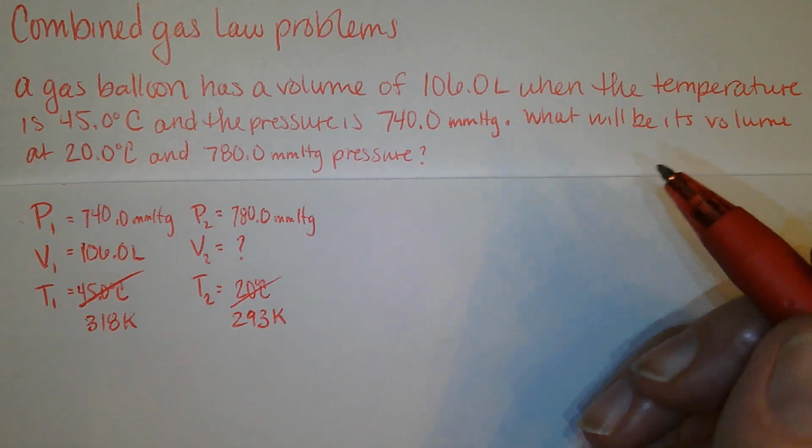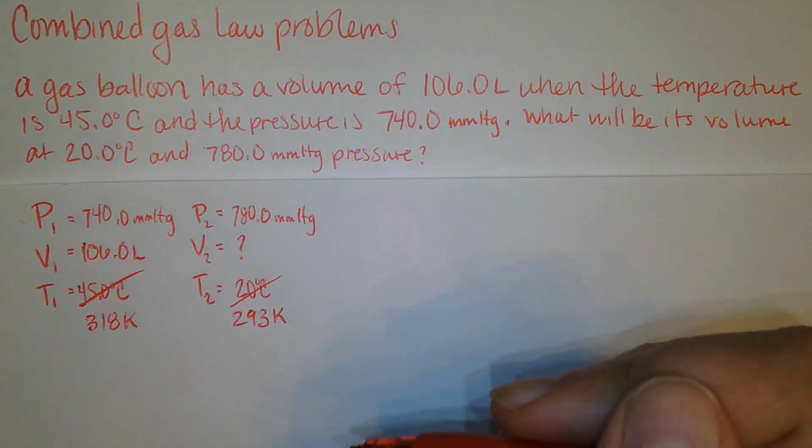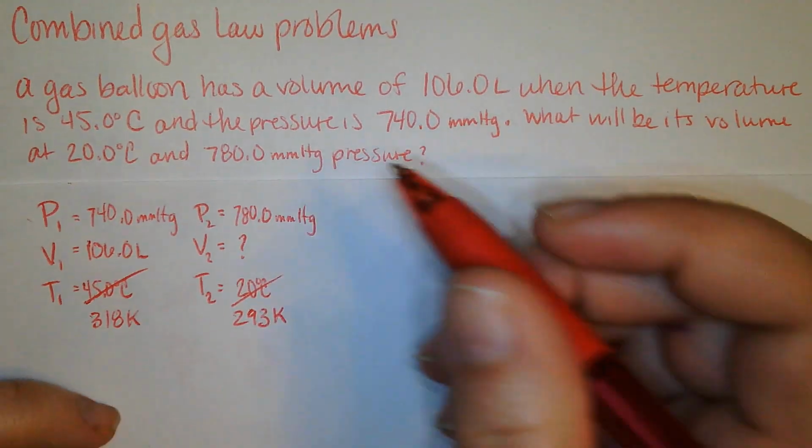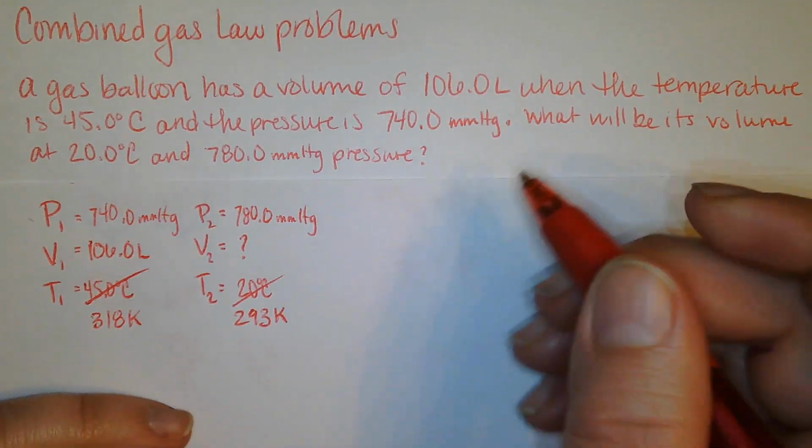All right. Now we're just going to plug in all the values in that formula that we wrote down, just like we did before. So it's P1 times V1 divided by T1.